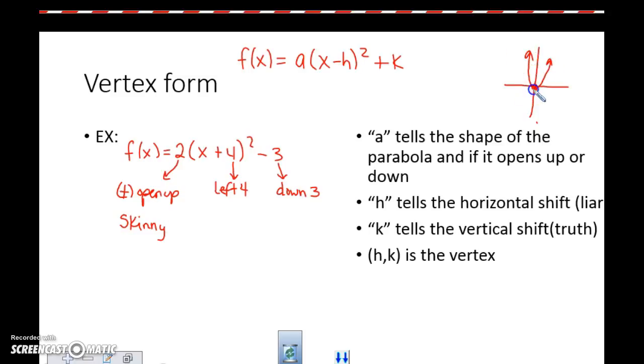If we take 0, 0, and we move left 4, and then down 3 units, our vertex would then be at negative 4, negative 3. That would be the name of this point. We always start at 0, 0.